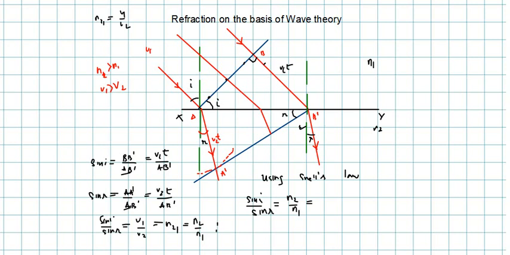By the time the secondary wavelet originating from A reaches A prime with a velocity v2, the wavefront from B reaches B prime with a velocity v1 and describes a ripple of radius v1t in the rarer medium. Whereas the wavelet originating from A describes a ripple of radius v2t inside the denser medium.